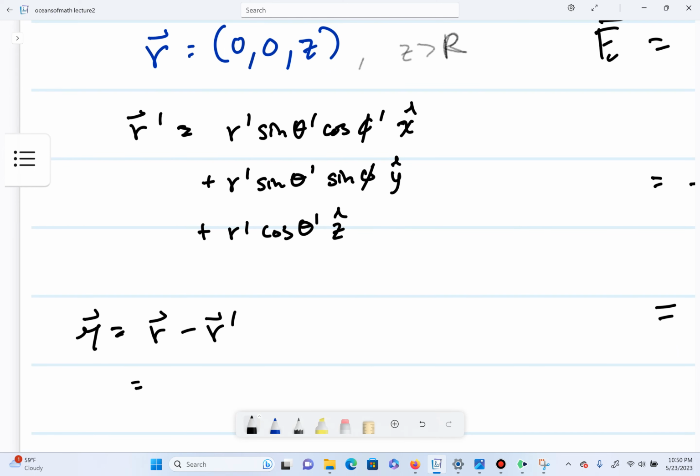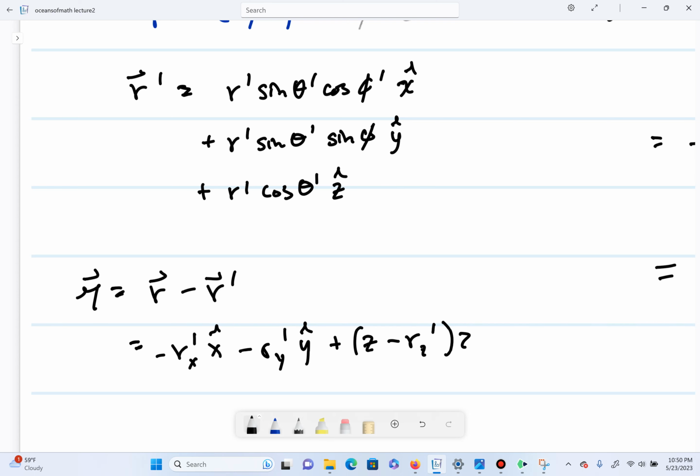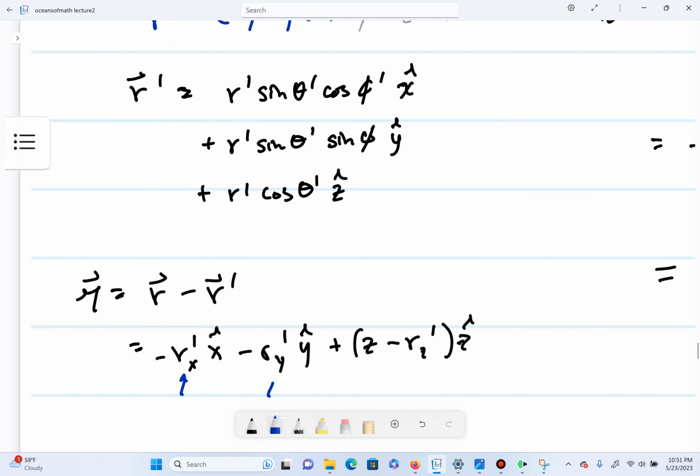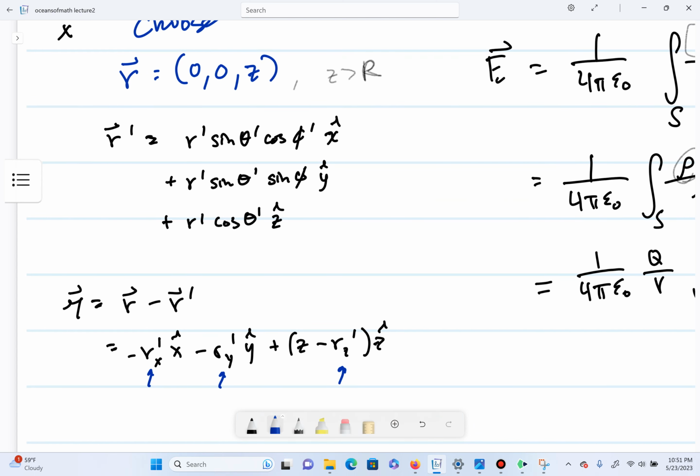So this is equal to negative r prime sine theta prime cosine phi prime x hat minus r prime sine theta prime sine phi prime y hat, plus z minus r prime cosine theta prime z hat. This is just component notation for the vector, because I don't want to write it all out again.